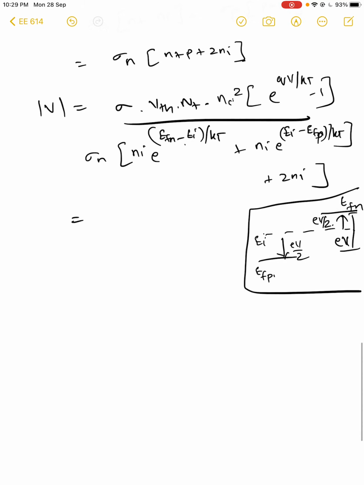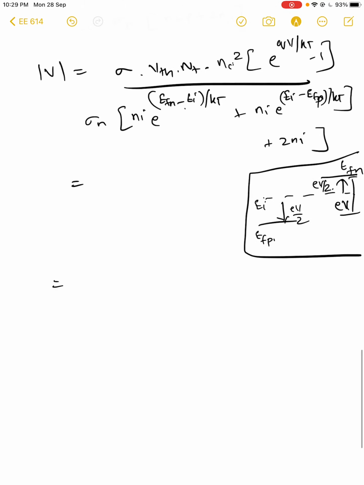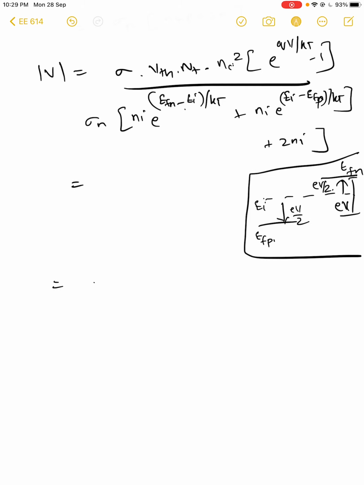So the denominator, let me write like this. We will have sigma vth Nt ni square e power qV by kT. I'm going to neglect the minus 1, thinking in situations where I have bias higher such that e power qV by kT is larger than 1, right?